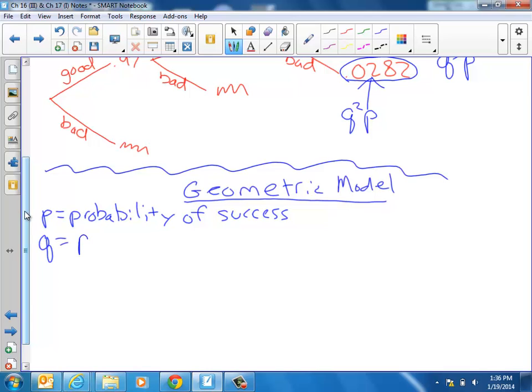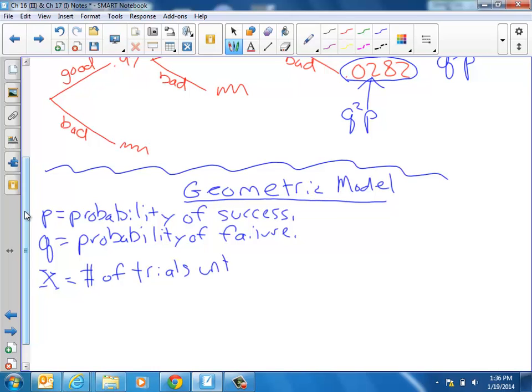Q is equal to the probability of a failure. And capital X is represented as the number of trials until a success in our Bernoulli trials.